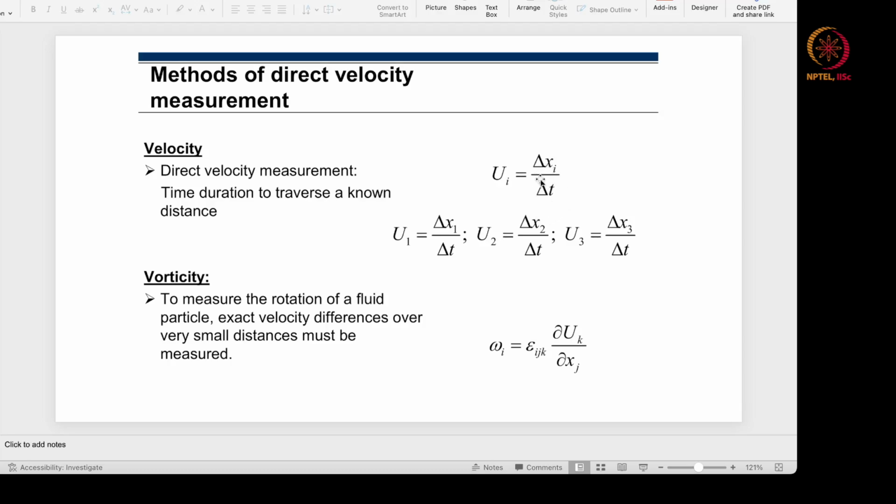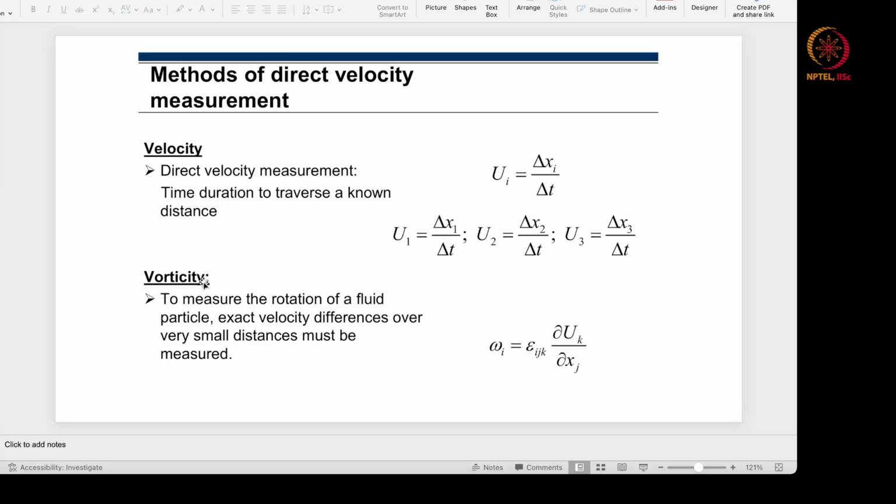So this time interval could be very short, so that essentially you go to an instantaneous velocity calculation. It's almost like calculus for you, like dx/dt. So in this way, you can calculate all components of the velocity. This u1, u2, u3 means x, y, z. So it can be put as ux, uy, and uz as well. So this is more like calculus.